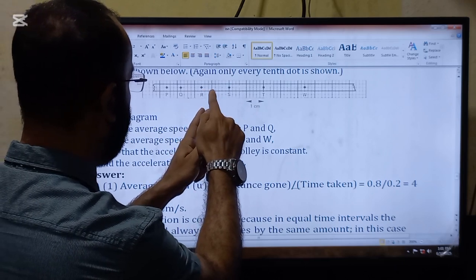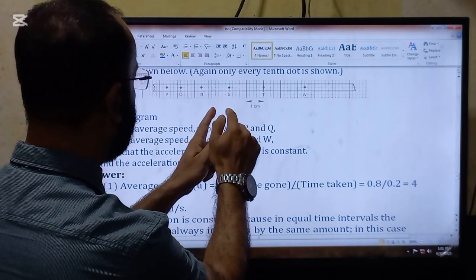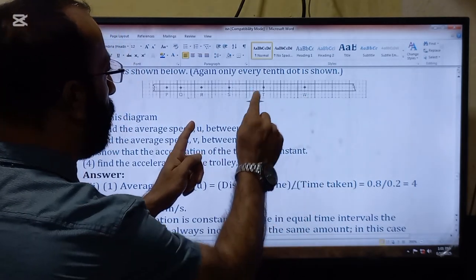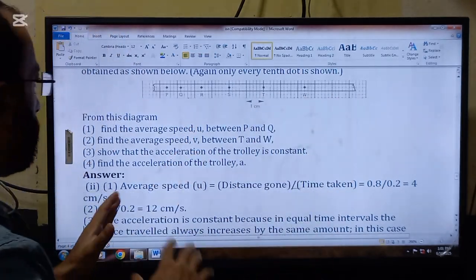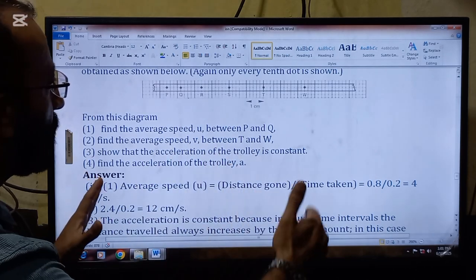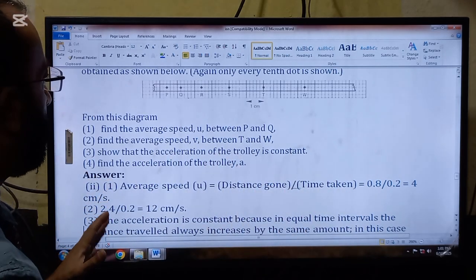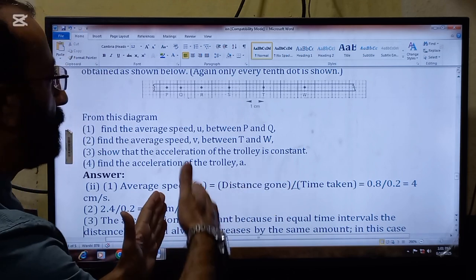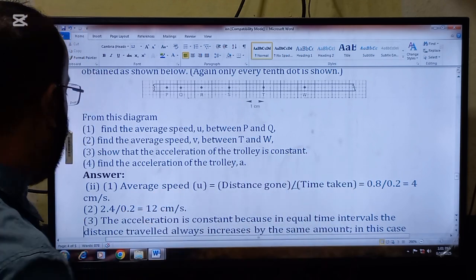Look, 1, 2, 3, 4, 5, 6, 7, 8. So for every successive dot, 2 small boxes are increasing. So it means the acceleration of the trolley is constant because the rate of change of velocity is uniform.